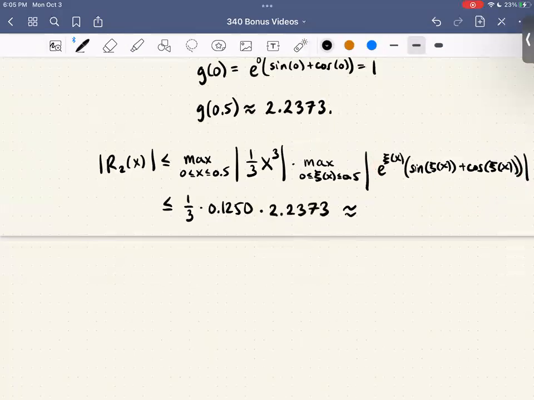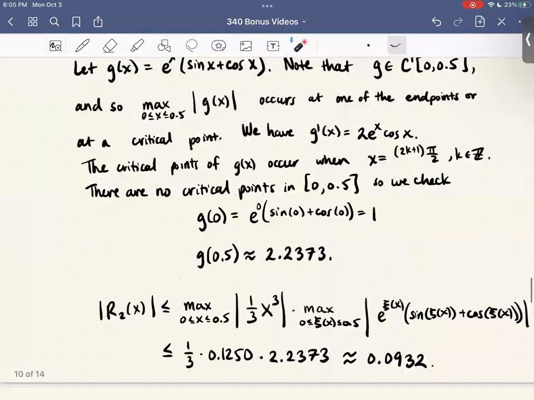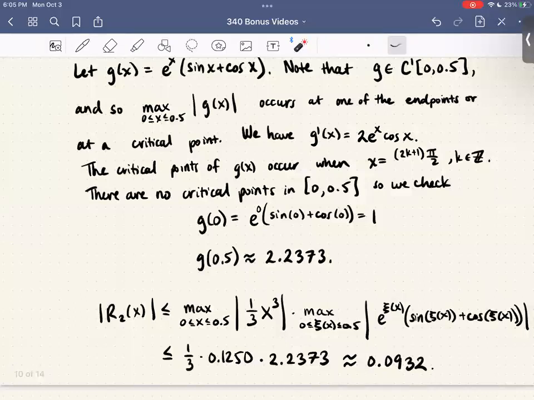If you do this computation, it's approximately equal to 0.0932. And this is now our bound on the error in P2 over the interval 0 to 0.5.